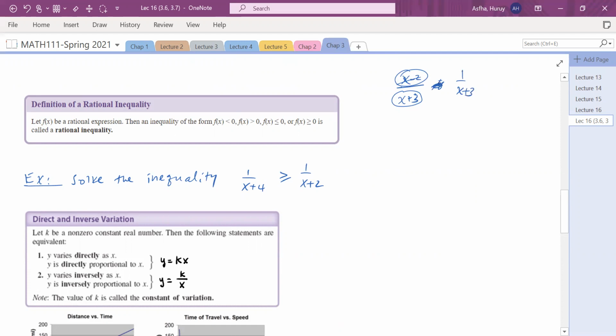Still, this is a rational expression. As long as we have the variable on the denominator in this form, that's a rational expression. Therefore, if the rational expression is written in this form, then we call it a rational inequality.